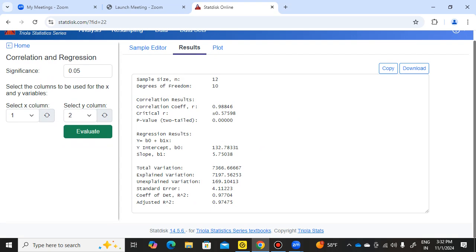I'm just going to write out the regression equation then. So then revenue equals 5.75 times the advertising cost plus 132.78.